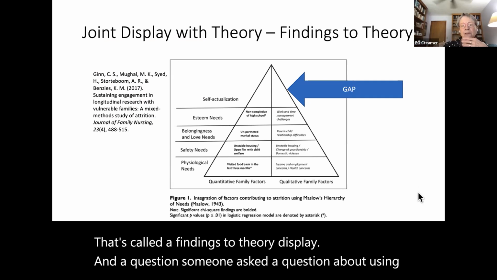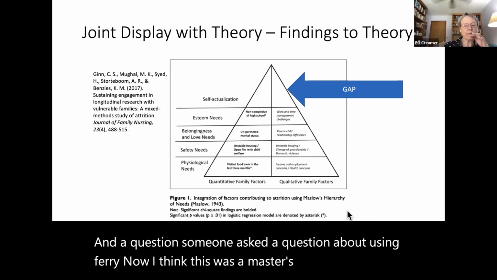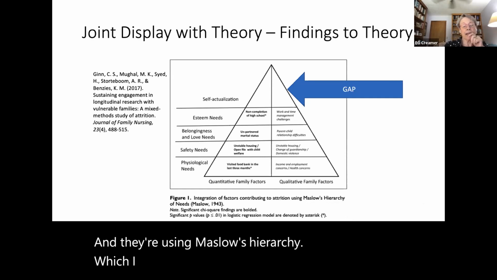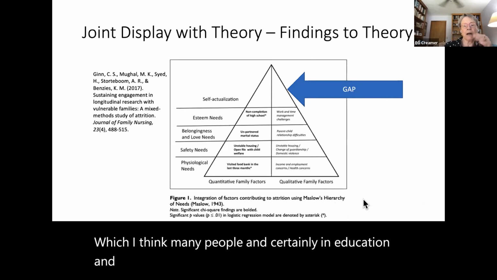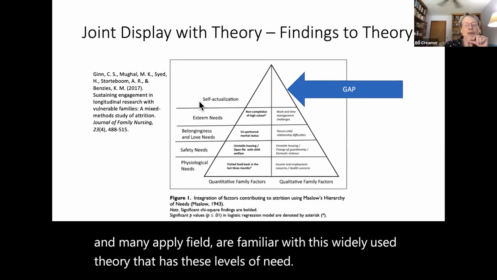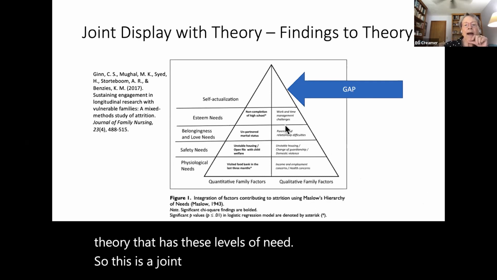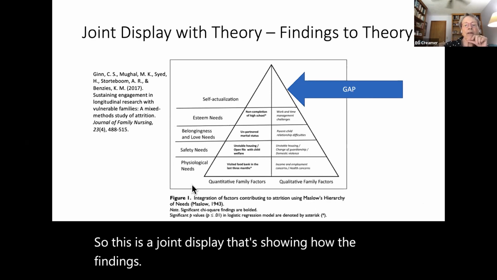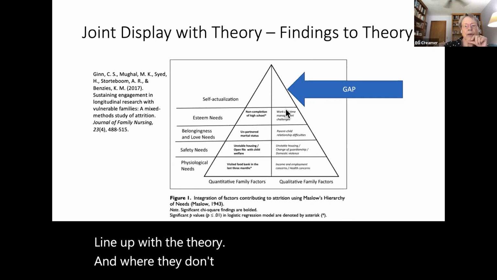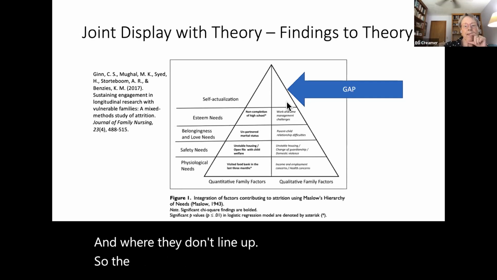Now, I think this was a master's thesis in nursing, and they're using Maslow's hierarchy, which I think many people, certainly in education and many applied fields, are familiar with. It's a widely used theory that has these levels of need. So this is a joint display that's showing how the findings line up with the theory and where they don't line up. So the top is empty.